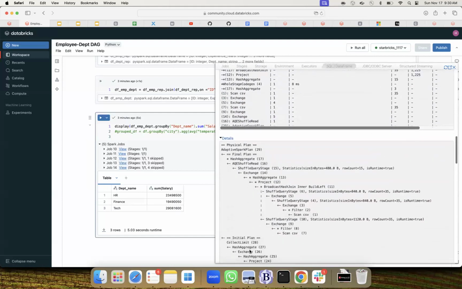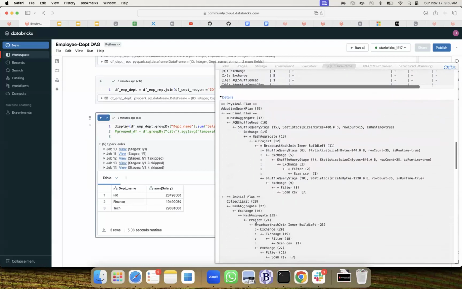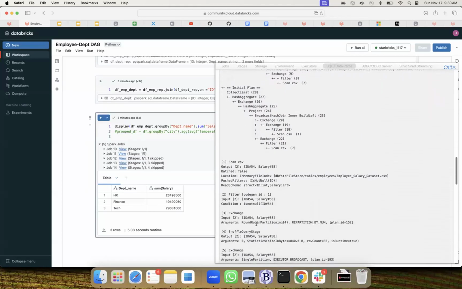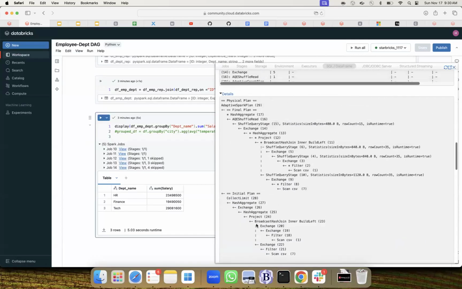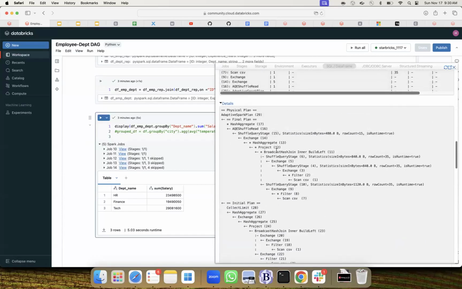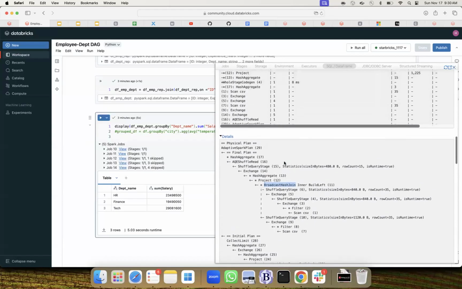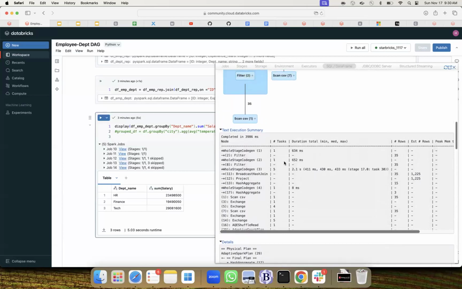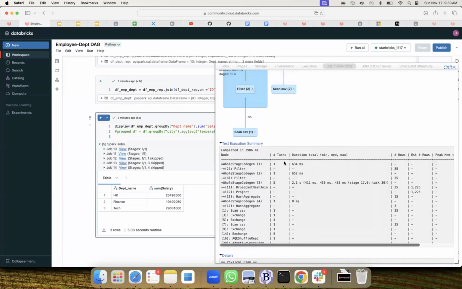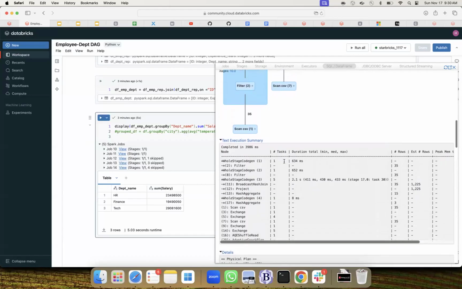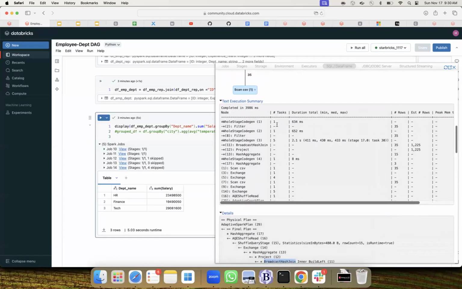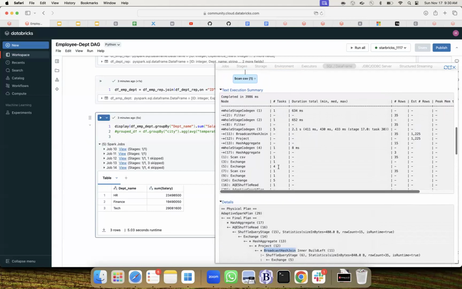So the physical plan you can see, the initial plan you can see for each of the SQLs that you are running. Okay, and then you can also look at what join it is using, the join strategies. This is all just to understand at a high level. So I'm not expecting you to go through it line by line and try to understand what it is doing.